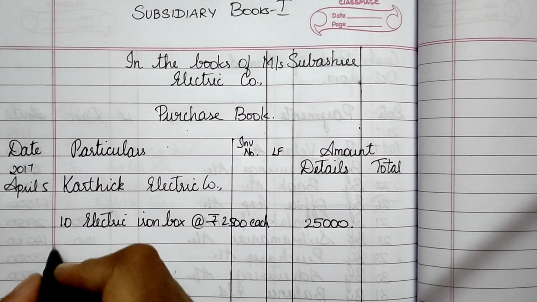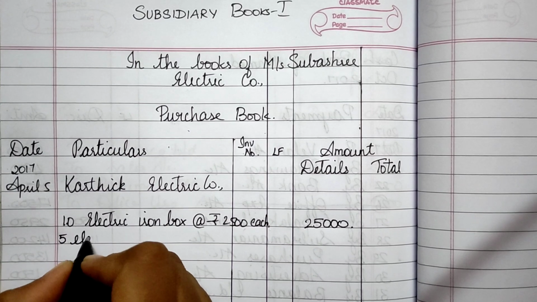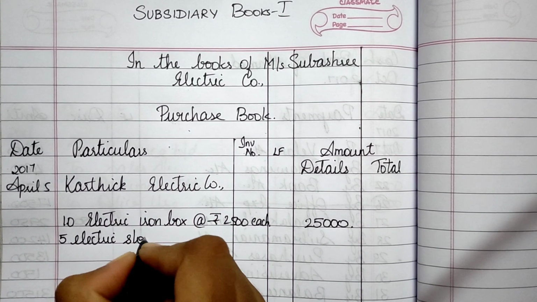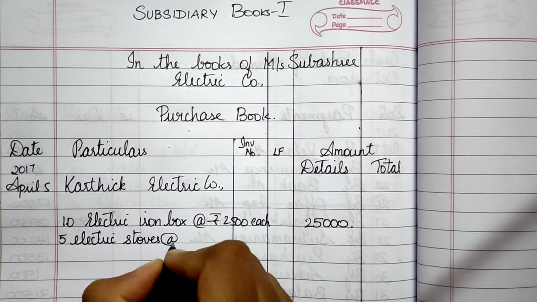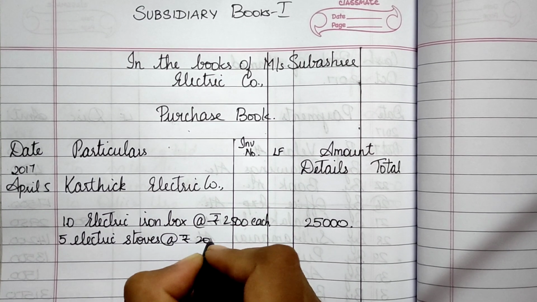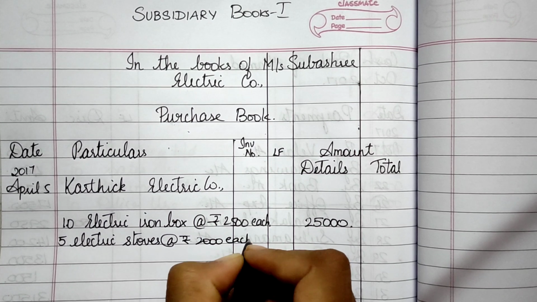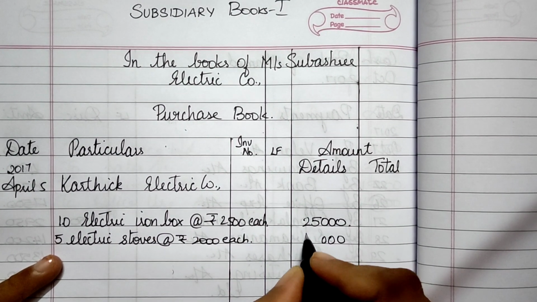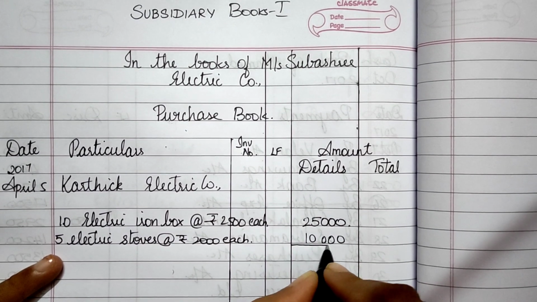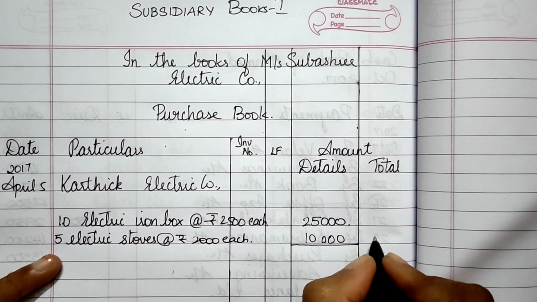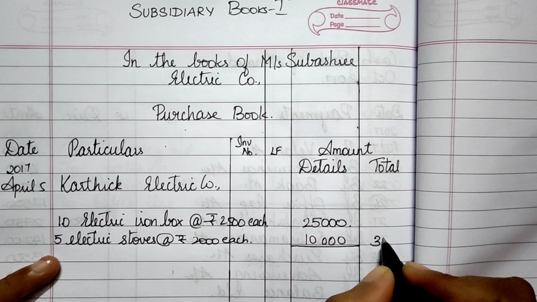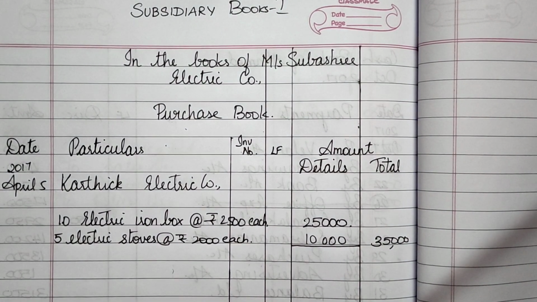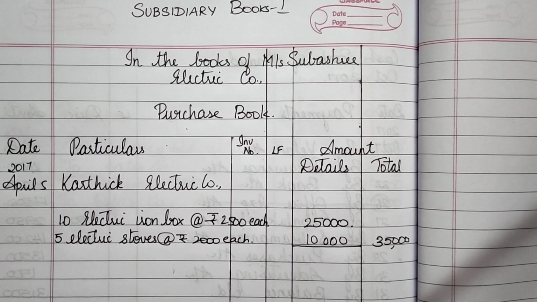The next item they have bought is 5 electric stoves at rupees 2000 each. When we multiply, put the 3 zeros, 2 fives are 10. Put it in the details column, draw a line, add it and put it in the total column. That is 35,000, which we have to pay Karthik Electric Company. We have purchased from them.